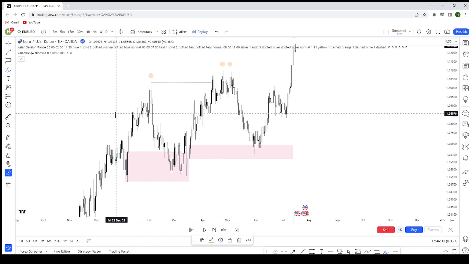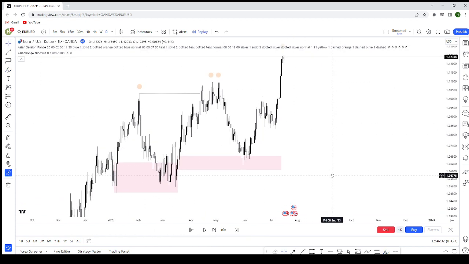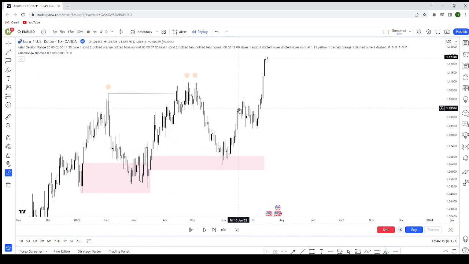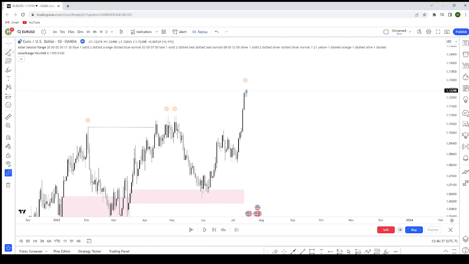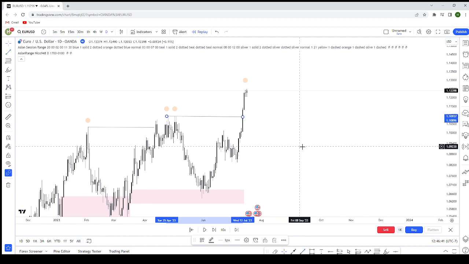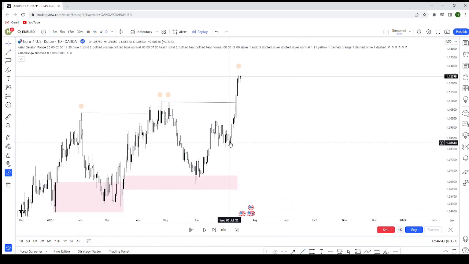So when we're looking at these areas, what we want to see is where the momentum came to break the previous structural points of the new highs. We could see that from here, this last imbalance is where the momentum came that actually broke this previous high.